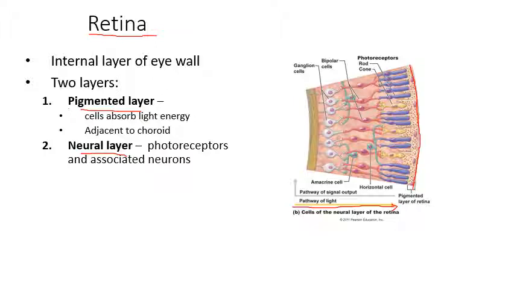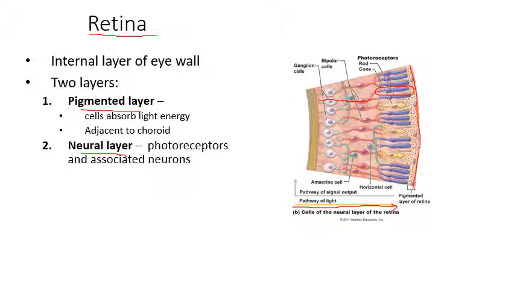But in the neural layer, you have basically three main cells. You have the ganglia cells, these are neurons, bipolar cells, and then you have the photoreceptors. These are the receptors. These are where the light is actually going to get absorbed, and we're going to get stimulation of these photoreceptors to cause signaling through this direction.